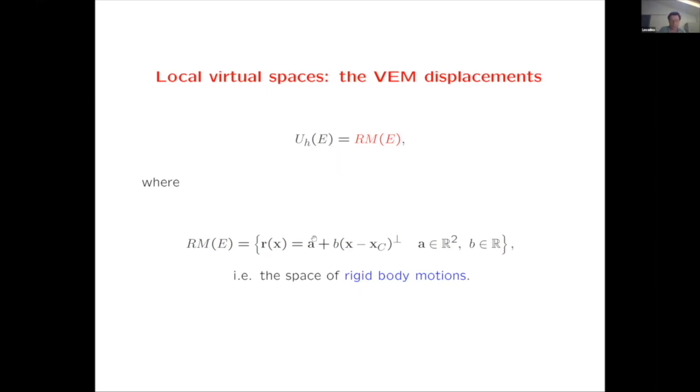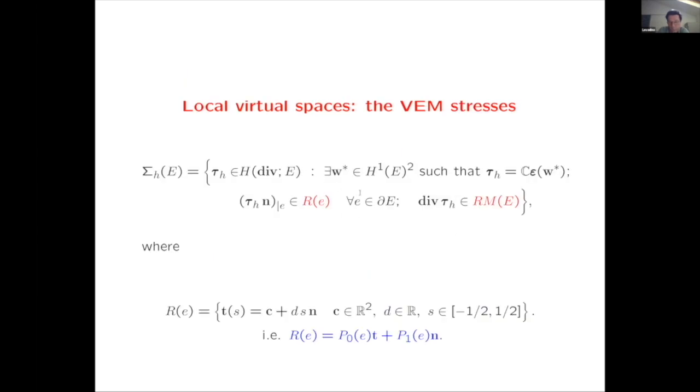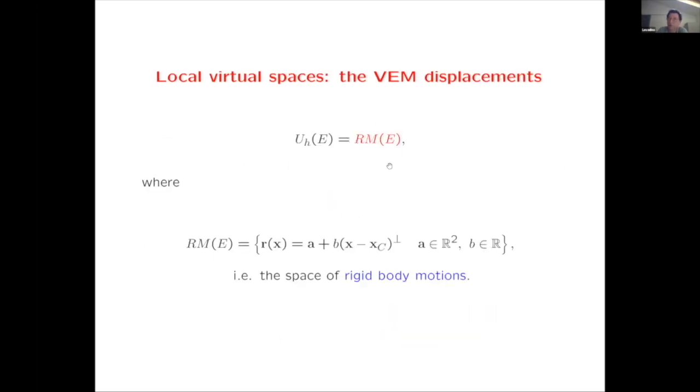Okay, so you have a constant part, and then you have this guy here, which basically is just an infinitesimal rotation around the center of the polygon here. So this of course has dimension 3 in each element and contains constants, but it is not full P1 polynomials. Okay, we will come back to this choice later on. So of course, this is not very virtual. I mean, it's just a polynomial space.